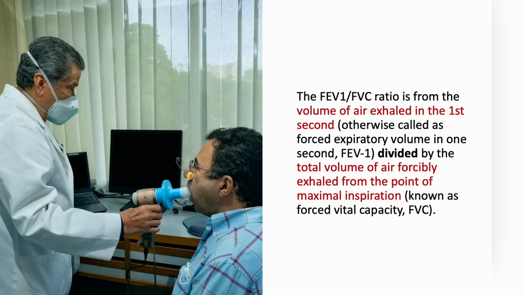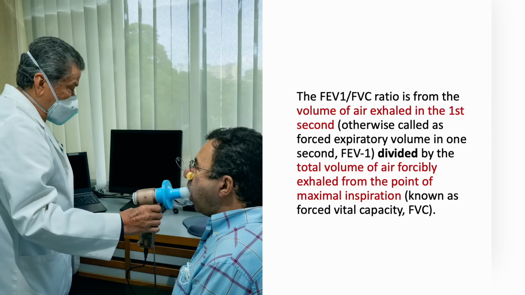The ratio is from the volume of air exhaled in the first second, otherwise called forced expiratory volume in 1 second, FEV1, divided by the total volume of air forcibly exhaled from the point of maximal inspiration, known as forced vital capacity, or FVC.